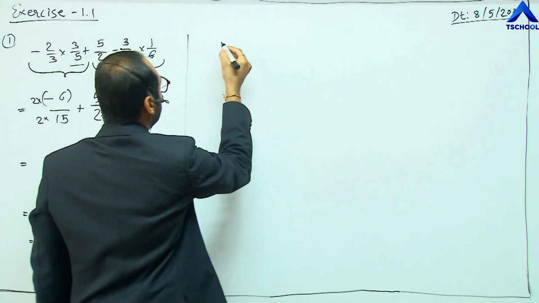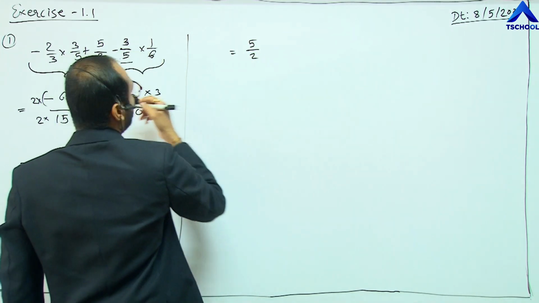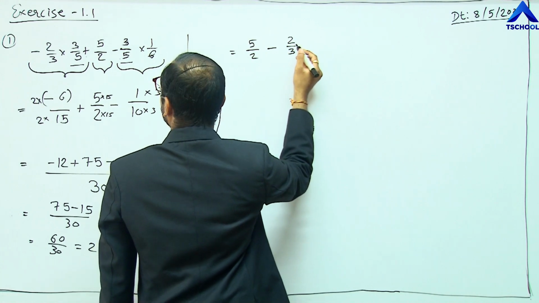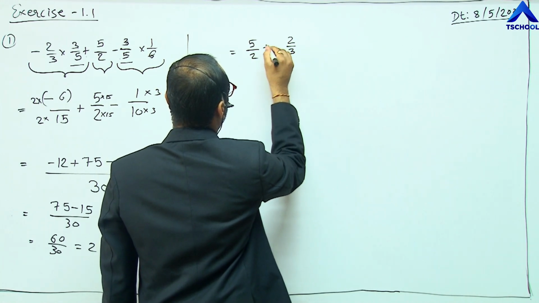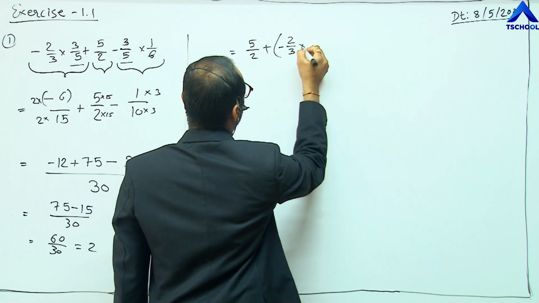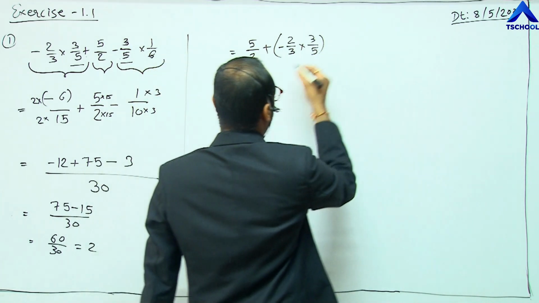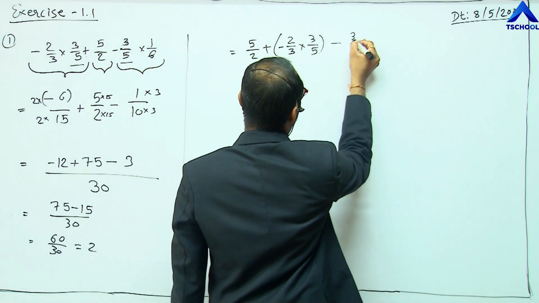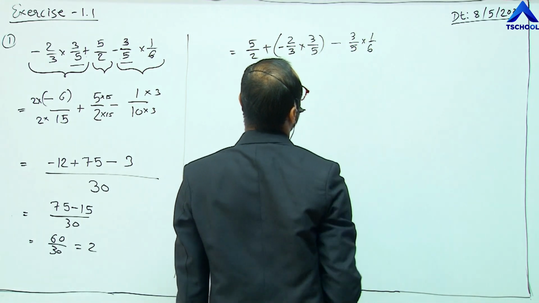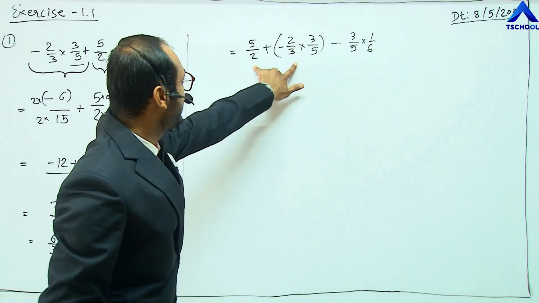Let me put 5 by 2 first, then plus minus 2 by 3 into 3 by 5, and then minus 3 by 5 into 1 by 6. Is it clear? I can interchange these two terms.